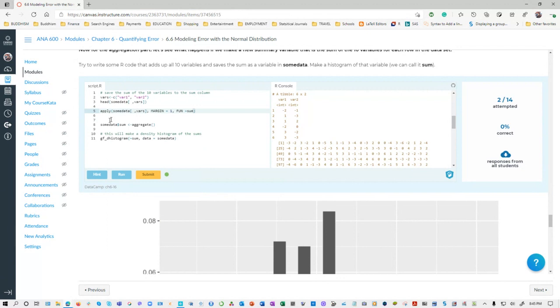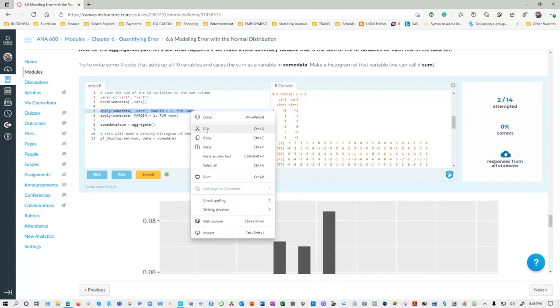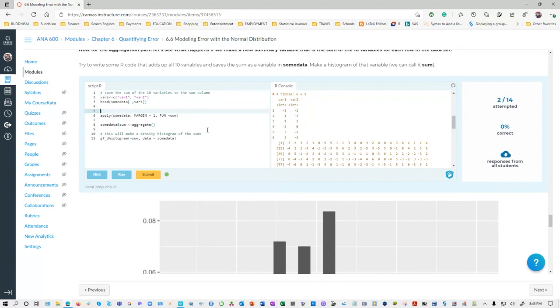I'm gonna take this out, put it here, apply to some data, and then I take this out, and I get this one.